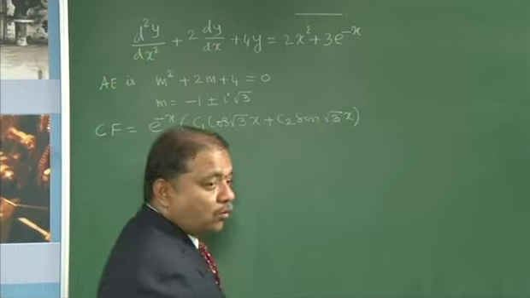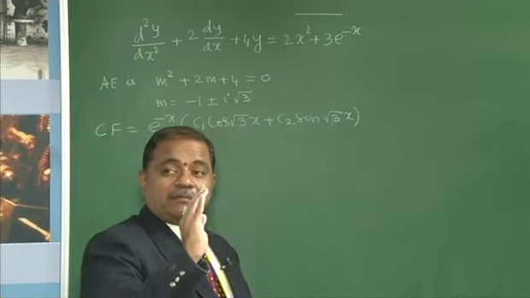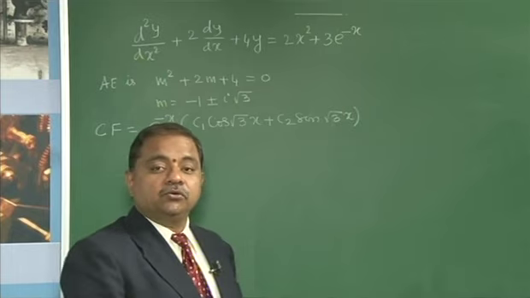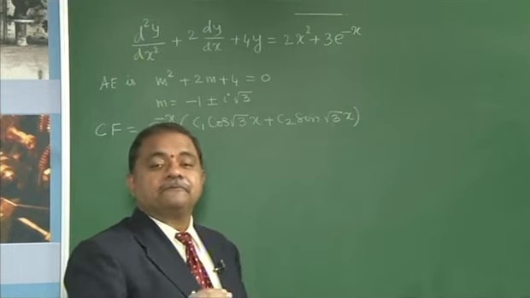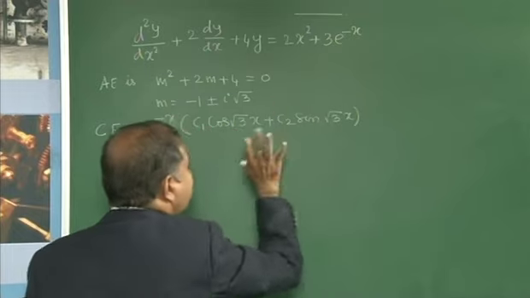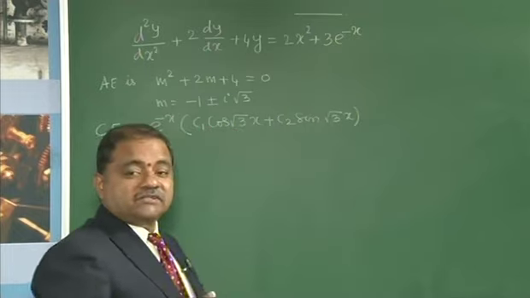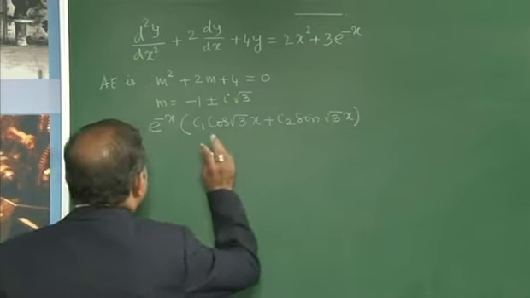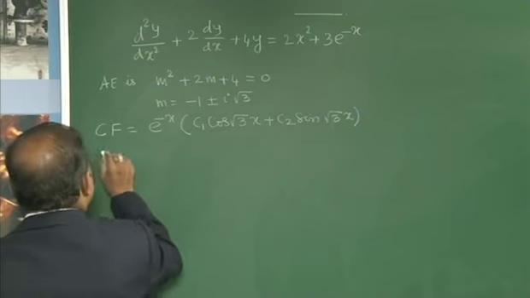It is not so. You should have that e power minus x separately, then only you should go for x into, otherwise not necessary. Now, this e power minus x is not there in my CF. Again, I can go for my assumption.